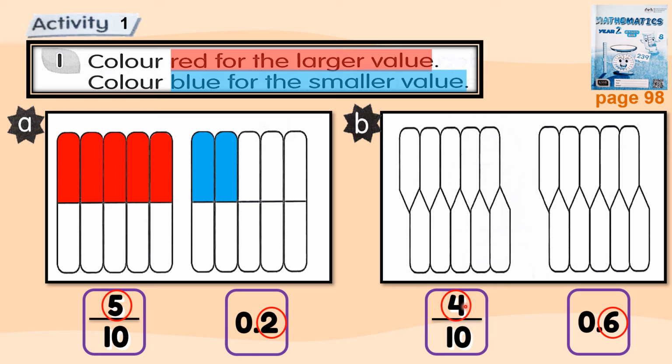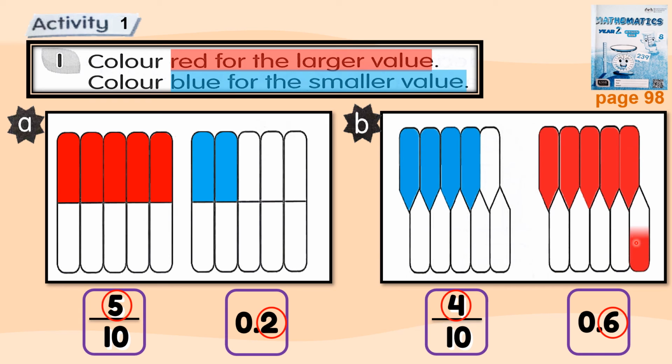So, for the first picture, we use blue color. 1, 2, 3, 4. Then the second picture, we use the red color. 1, 2, 3, 4, 5, 6. So, 4/10 is smaller than 0.6.